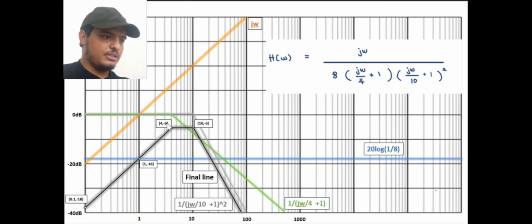For 10, we have negative 18, negative 8, and 20. It will be almost negative 6. For line 10, we are going up. We have here negative 18, negative 8 for the green line, and 20 for the orange line. When we add those points together, we get negative 6.